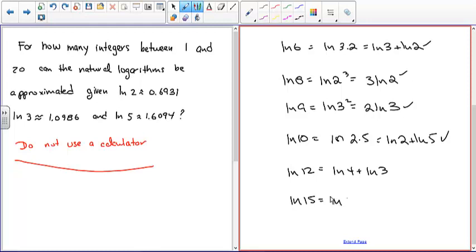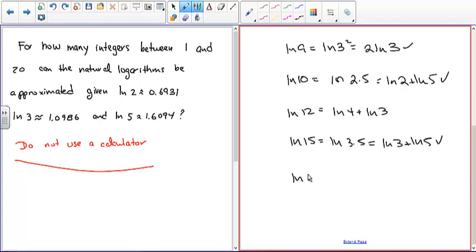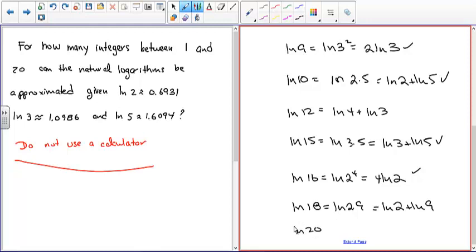So that's the natural log of 3 times 5, which is the natural log of 3 plus the natural log of 5, so I can do that one. 16, that's 2 to the 4th power, so that's 4 times the natural log of 2, so I can do that one. 17 I can't do. 18 is 2 times 9, which is the natural log of 2 plus the natural log of 9. I already have those. 19 I can't do. And then 20 is 4 times 5, so it's the natural log of 4 plus the natural log of 5, which I already have.